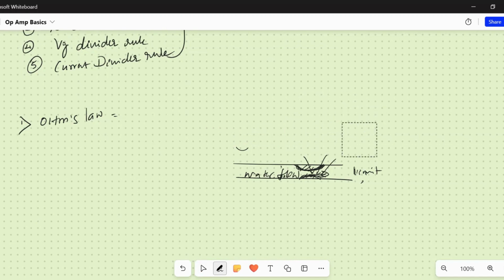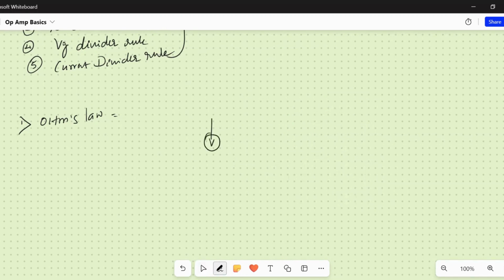Now, with this basic understanding, let us write one simple circuit. For explanation purposes, I'm going to write a resistor here.